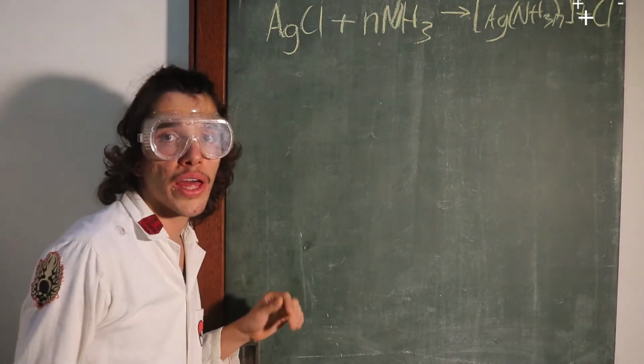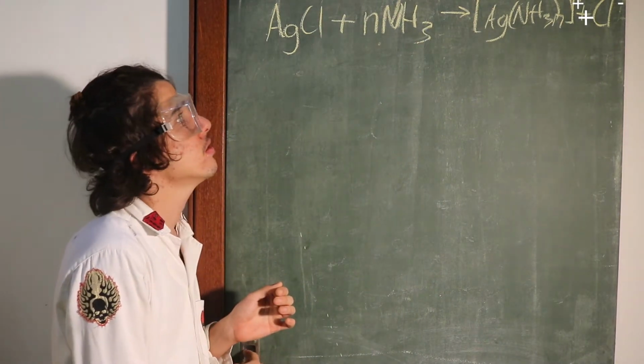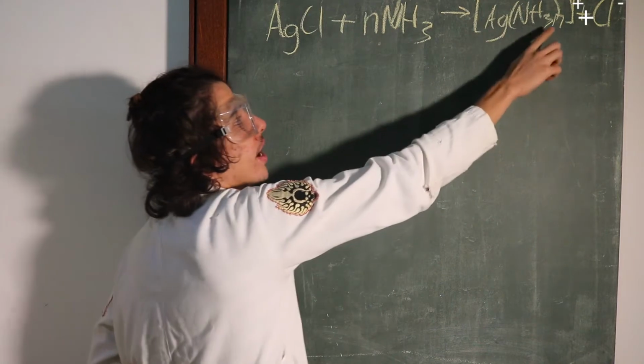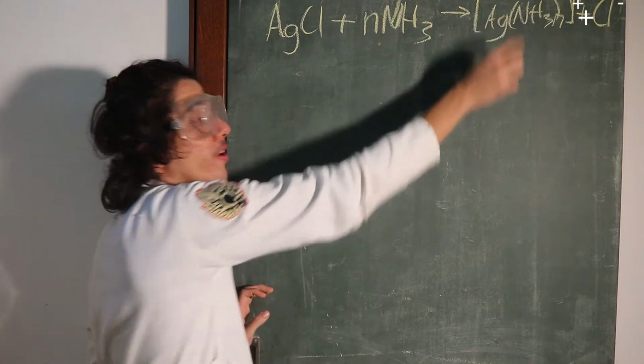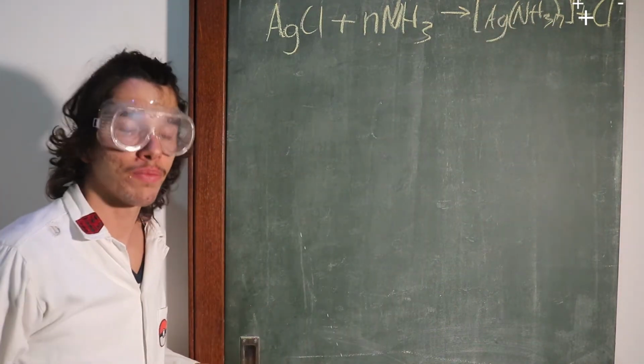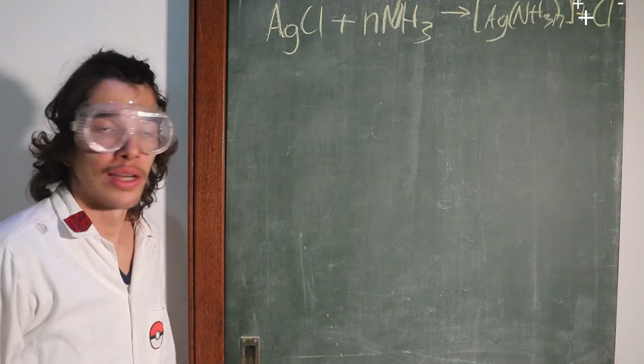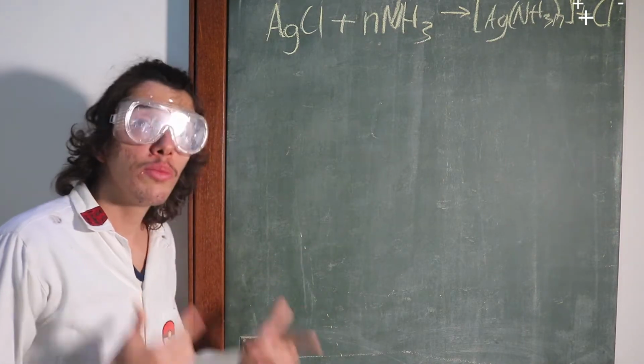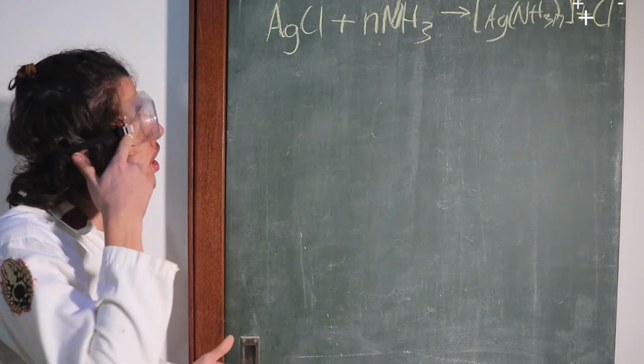So this is the equation, it's already balanced. We have n moles of ammonia coordinating the silver. So let's try to calculate the equilibrium constant this time.